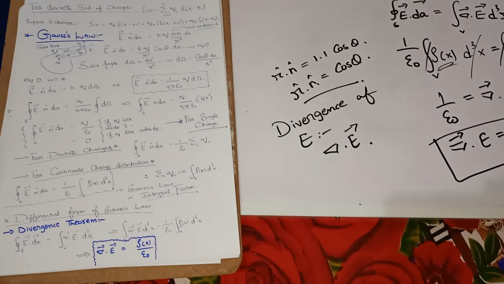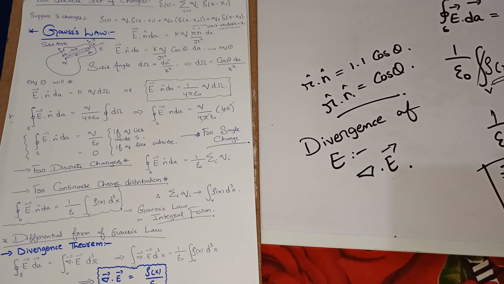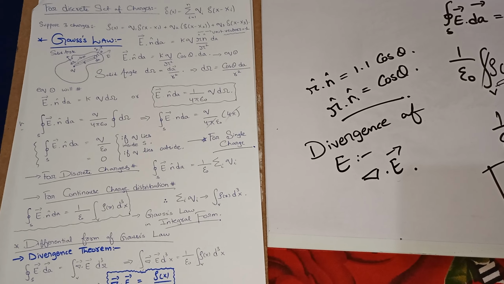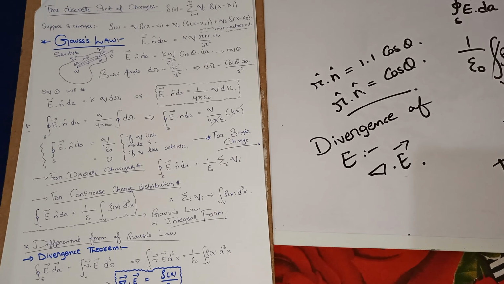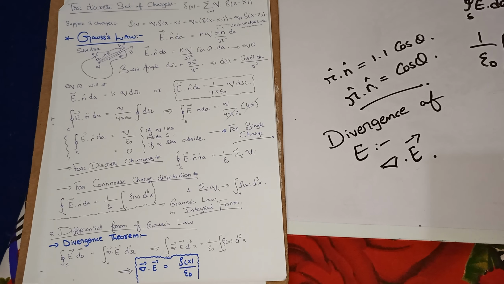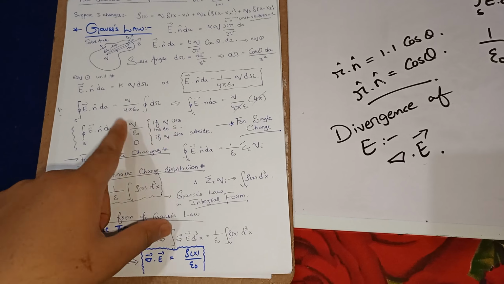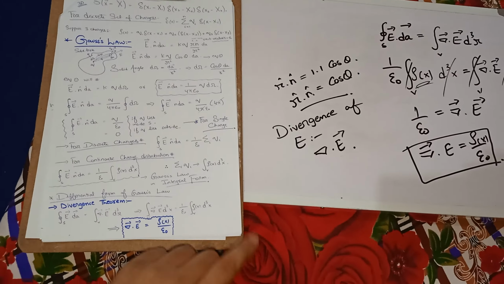So this is how you can understand Gauss's law. Whether there is one charge or many charges, we see the distribution of the electric field when the charges are discrete and when the charges are continuous.